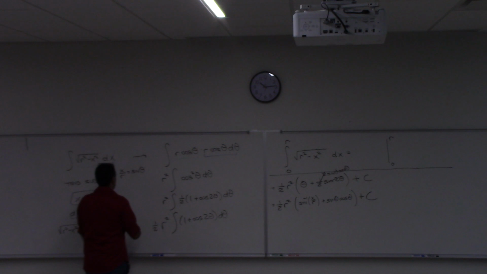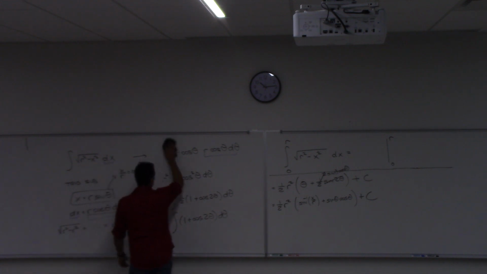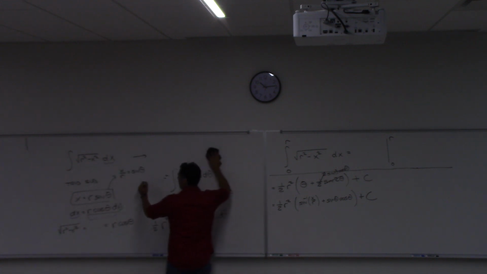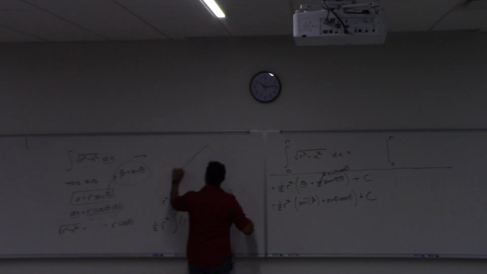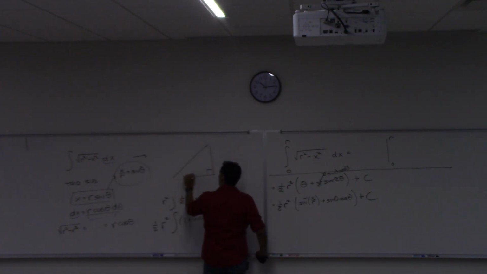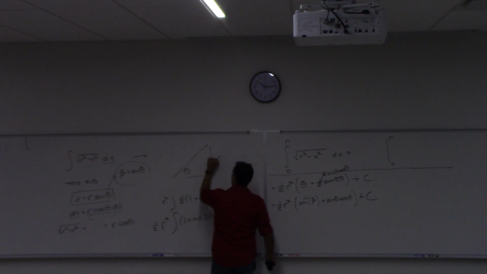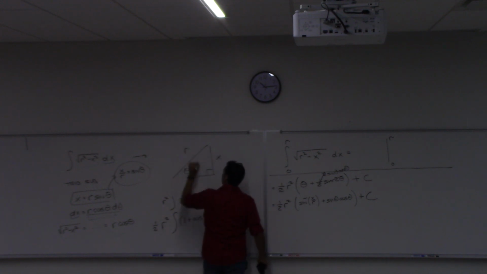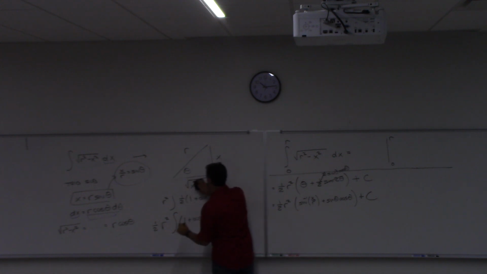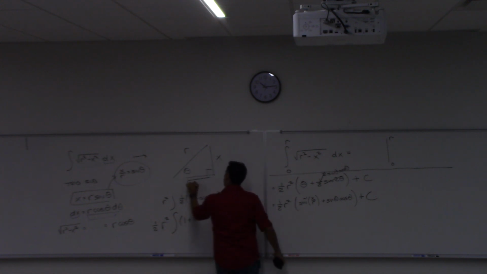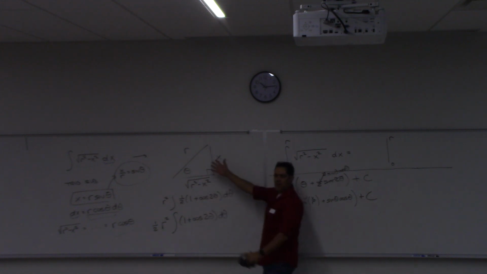All right, so I need my reference triangle. What does my reference triangle look like? I'm going off of this right here, right? Theta is x, let's see, sine is opposite over hypotenuse, so this side is, oh, I just got that wrong, sorry. R squared minus x squared. There's my reference triangle.